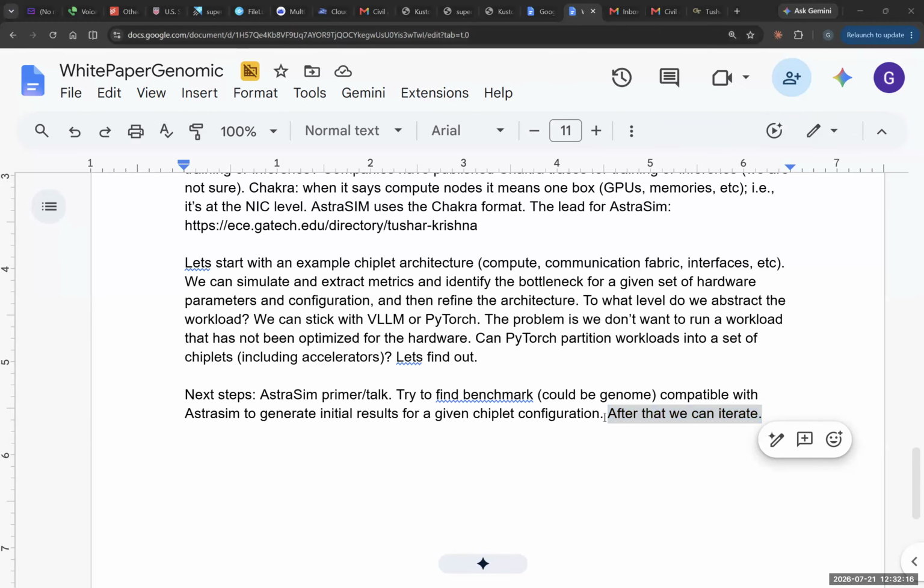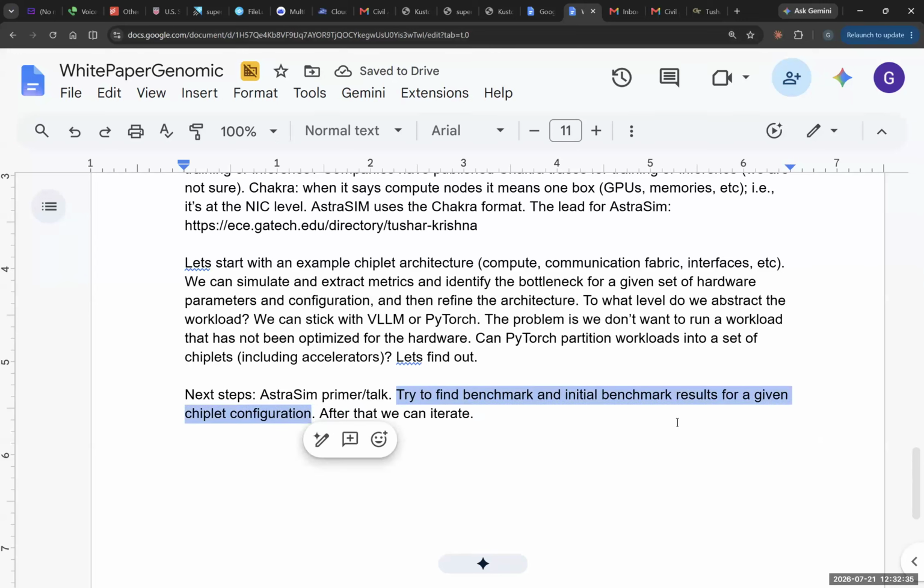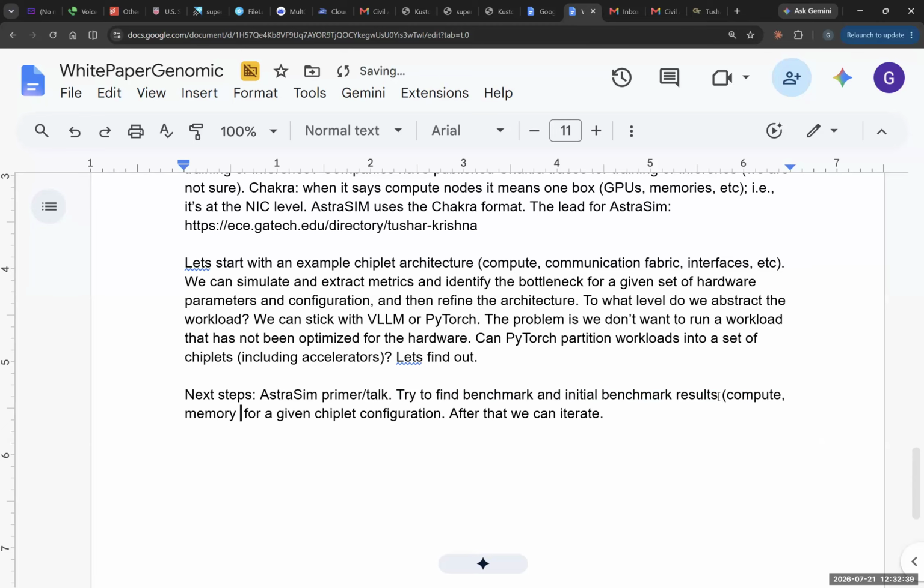Yeah, that's true. Okay, so the whole point is find a benchmark and some results like compute, memory bandwidth and so on, so we can derive a chiplet configuration for that.